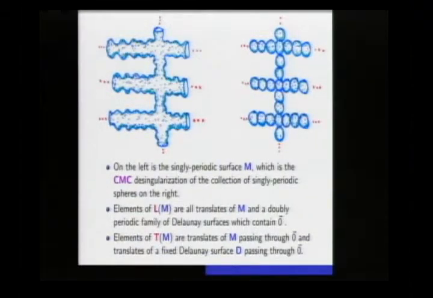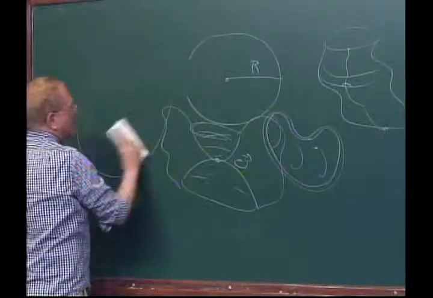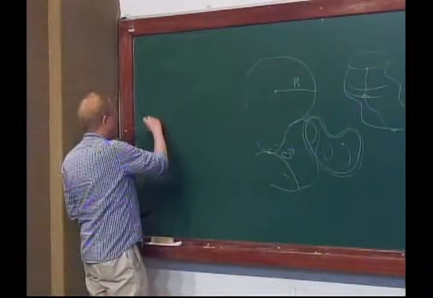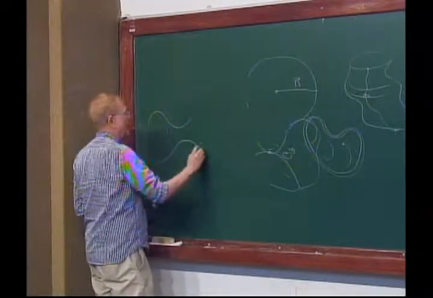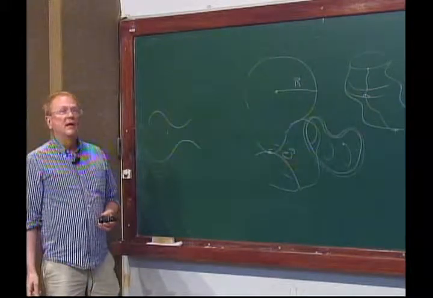I'm taking a divergent sequence of translations. I translate to the right. Yeah, we get a, yes. Okay. L of M, they don't necessarily have to be any point passing through the origin.